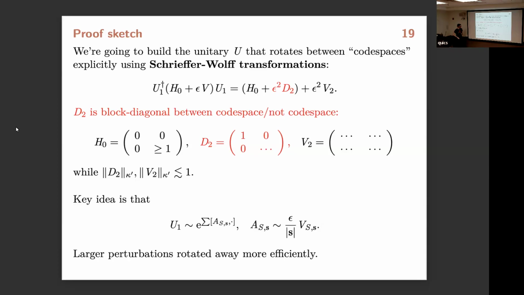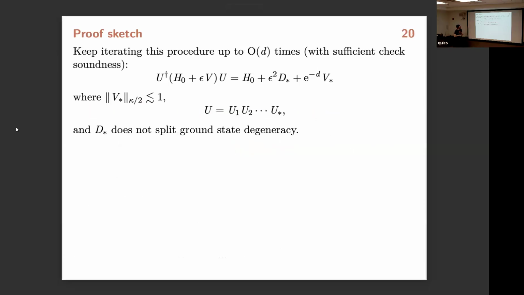That's technically very helpful. And trust me that this works, and we can just do it many, many times. And we carry out this perturbative series up to an order D, where D is the code distance. At that point, we could potentially grow a logical operator, and we have to stop. We might genuinely split the ground state degeneracy in a way that we can't fix.